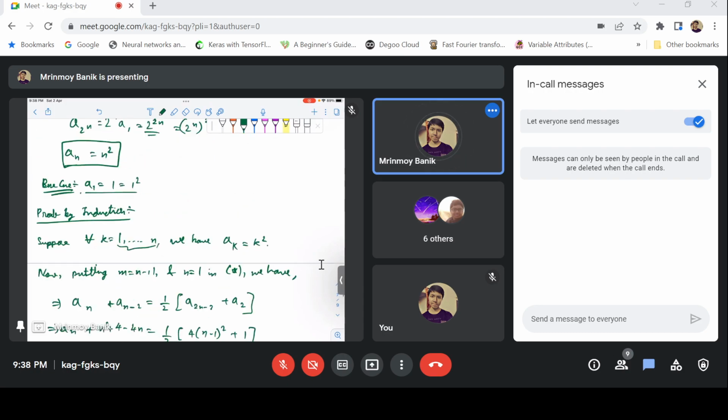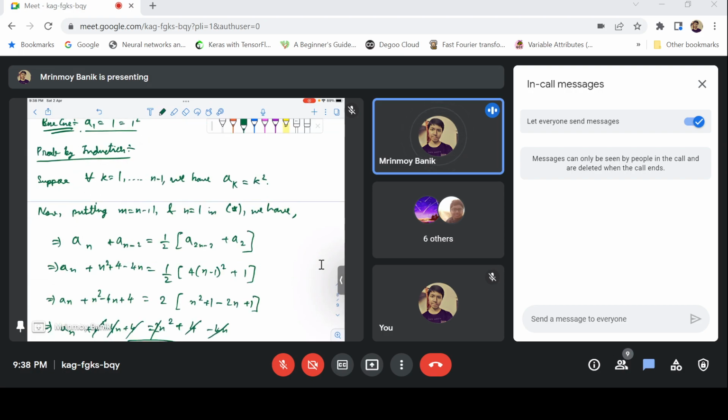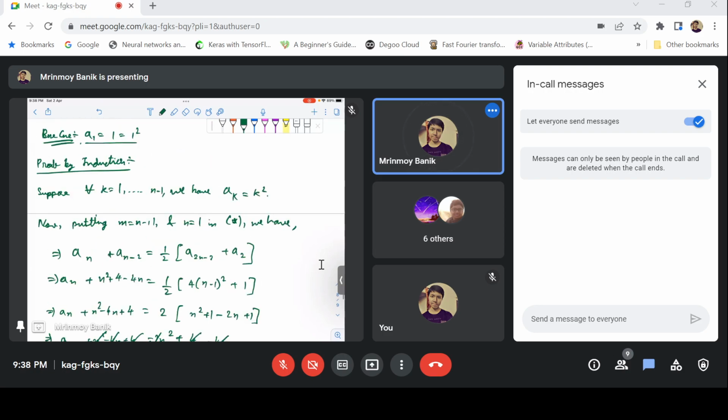Just a minute. Oh, I had assumed till n, right? Let us assume till n minus 1, since we proved for n. That is, we have to put m equals n and n equals 1. This n and this n are confusing, but these two variables are different.